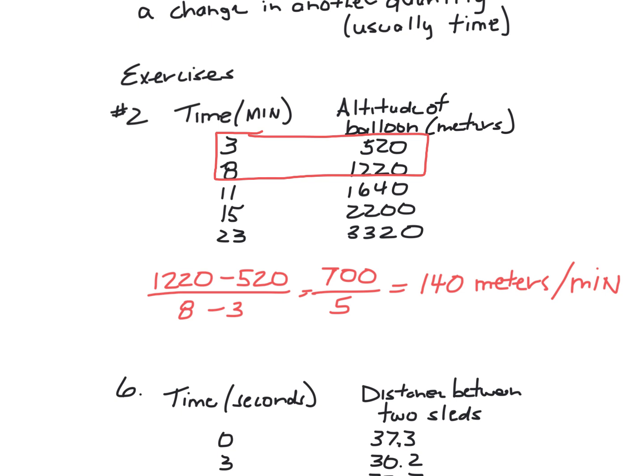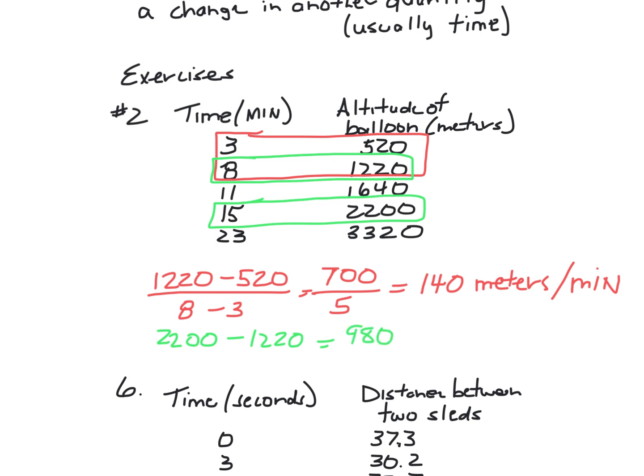If I do this for some other units of time, let's say I want to use the 8 and the 15, 2200, then I would do the same thing. Our change in altitude, 2200 take away 1220, would give us 980, I believe.